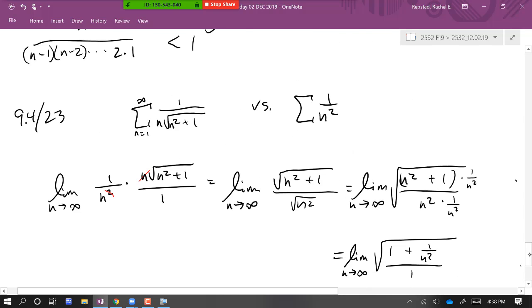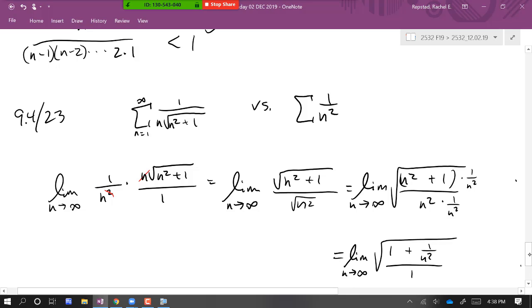We picked a comparison test, we ran the limit. What haven't we done yet? So what does it do? I agree that it converges.